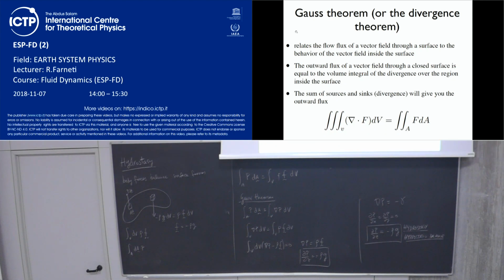Okay, that is equal to the divergence of the velocity vector within the volume. Okay? So if you have sources and sinks of anything in your fluid, that's the divergence within the volume of integration. You have sources and sinks into and out of the volume. Then the net effect will be the outward flux of your vector through the boundary bound on the volume.